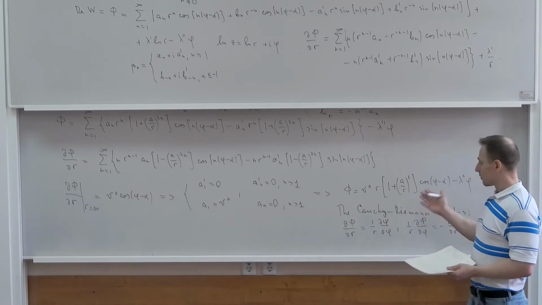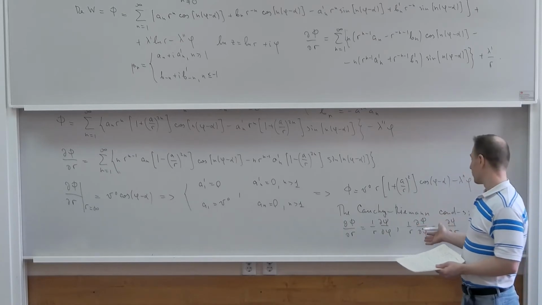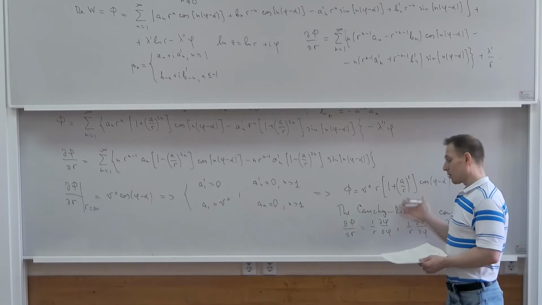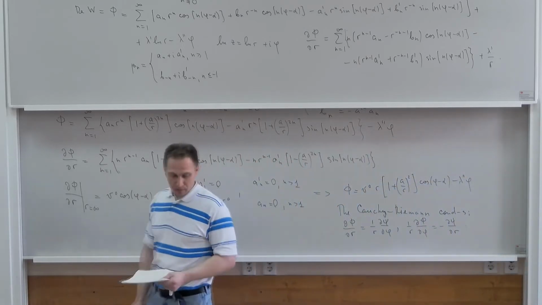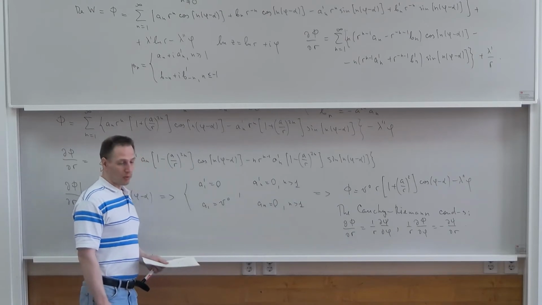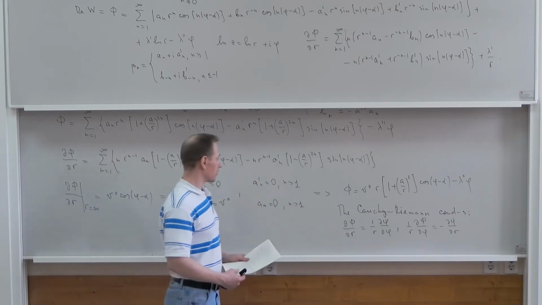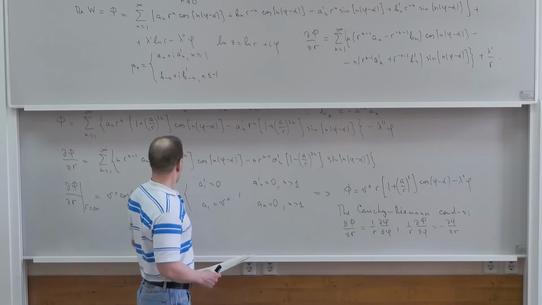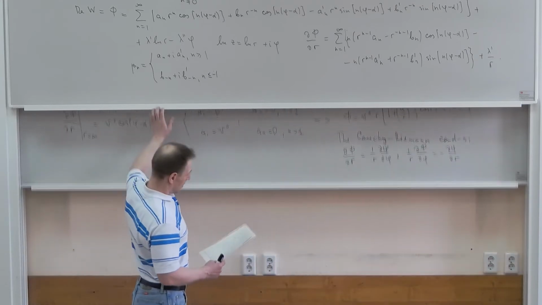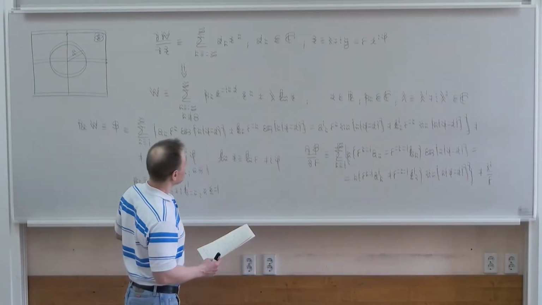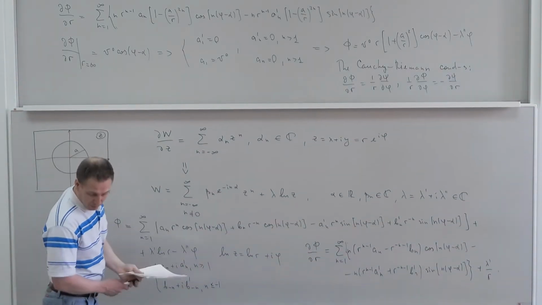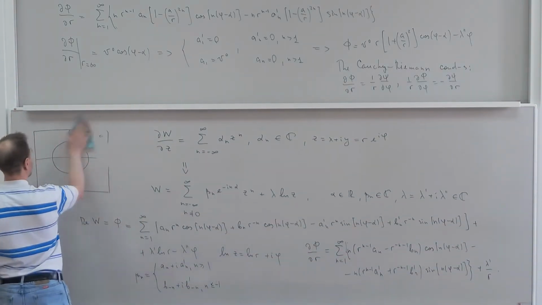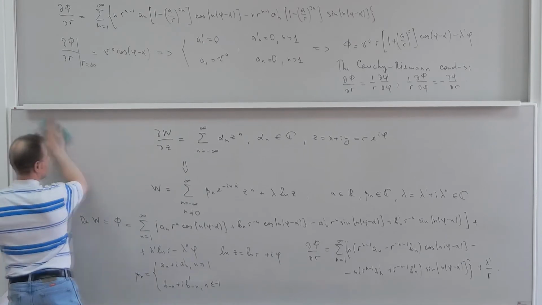And one can easily solve this system, or I repeat that one can use the general formula which was obtained in the previous semester. Then the complex potential takes the form.